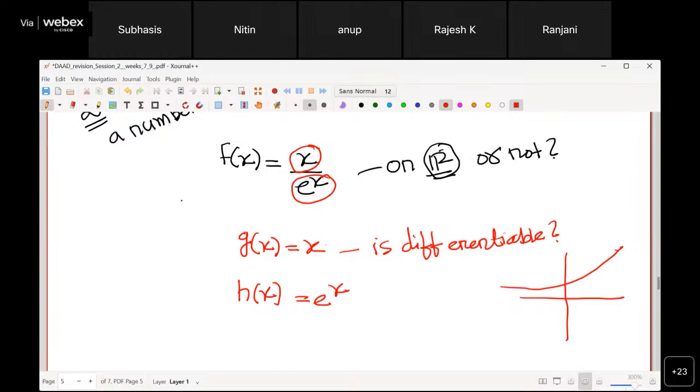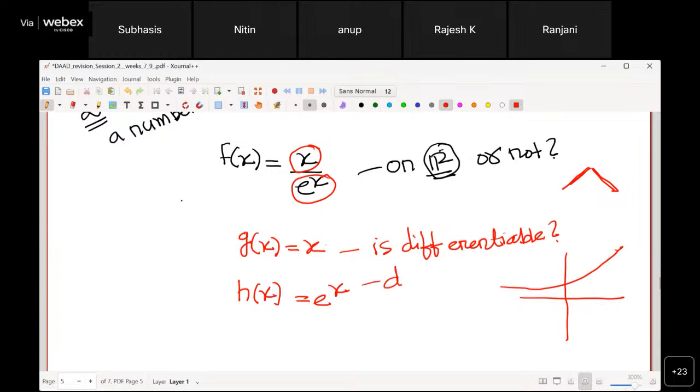You don't have points like this, right? When you have a corner point like this, in that case, you can say that this function is not differentiable. But here the graph of this function is smooth.